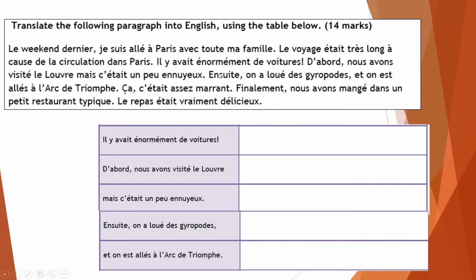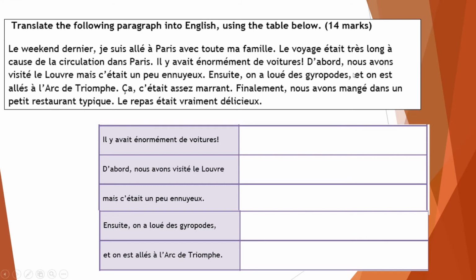Ensuite, hopefully we know that word. And that gives me now a clue of what this could be. So they're talking about what they've done and they're listing, and they've got finally as well here. So if they're describing what they're doing and they're saying finally, and I know what this one is, what could d'abord mean? So they've gotten to Paris, the journey was long, right? What did they do there?